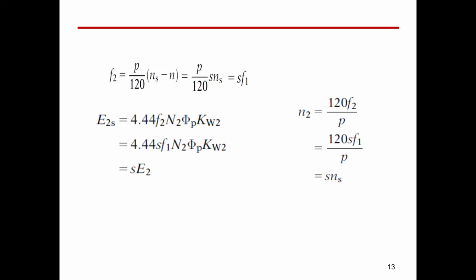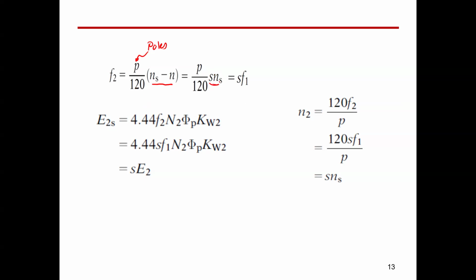Now, guys, if we say F2 as a function of the speed is going to be P divided by 120, where P is the number of poles, times Ns minus N. So this is now the cutting speed, N2. So we can say, guys, it's P divided by 120 times slip times Ns.